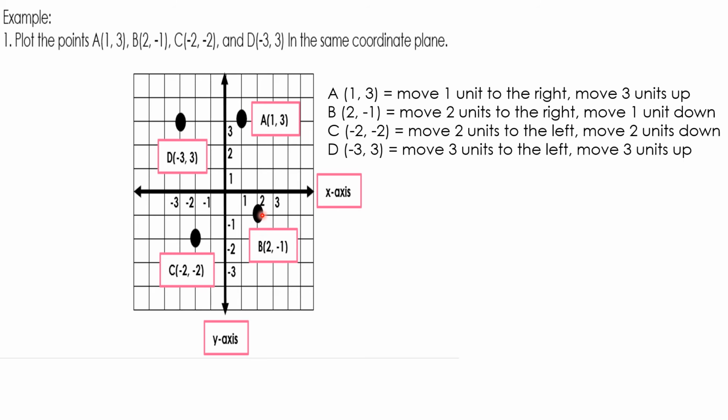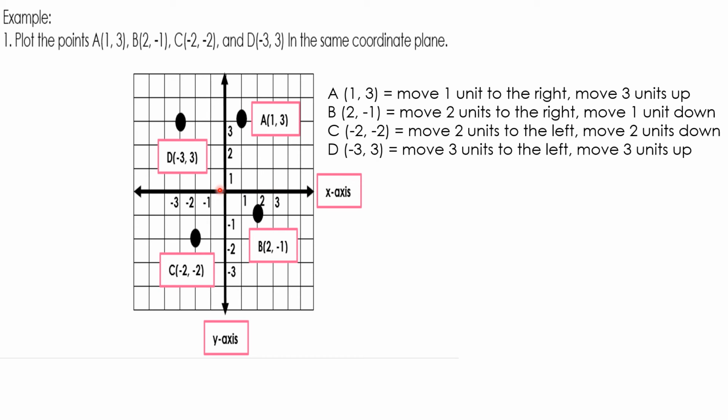Next, to locate point C, first we start at the origin. Move 2 units to the left, 1, 2, and then move 2 units down, 1, 2. So point C is located at (-2, -2). Okay, next, point D is (-3, 3).